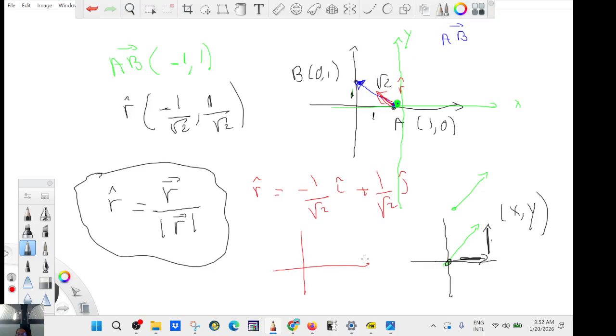Because if you have an x, y coordinate system, this is called i hat, sometimes it's called x hat. This is j hat, and sometimes it's called y hat. And then along the z, it's k hat. Okay, it's just a review from last semester. Any questions?